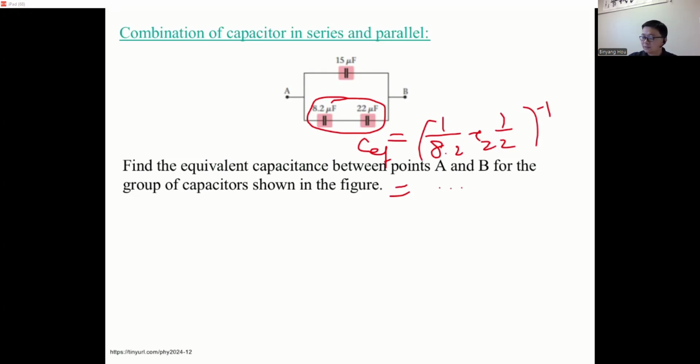1 over 8.2 plus 1 over 22, and then inverse of that. Okay, inverse of that.